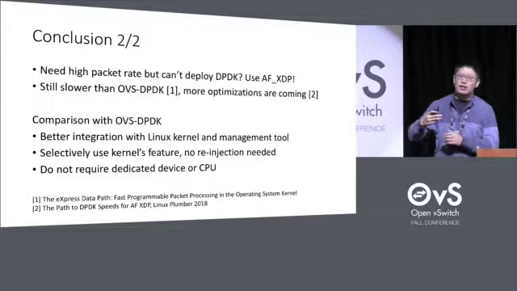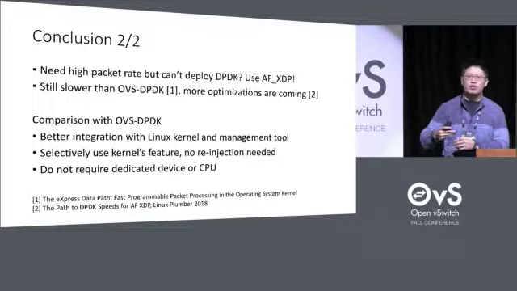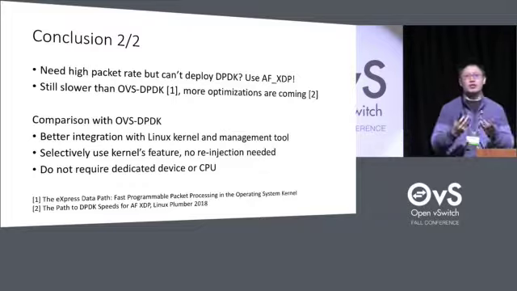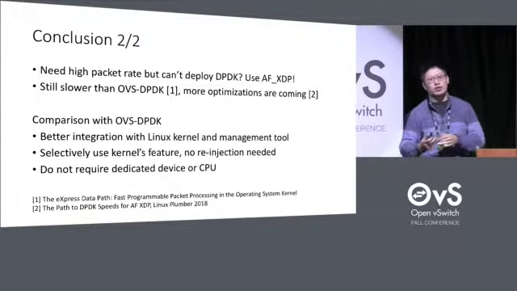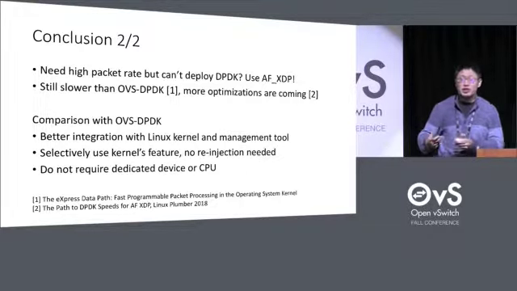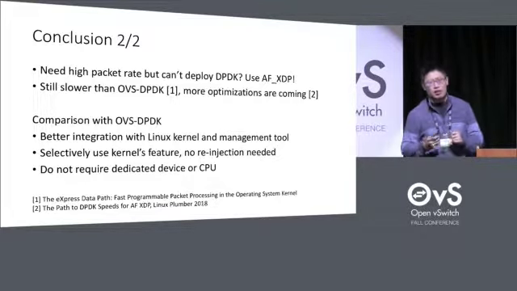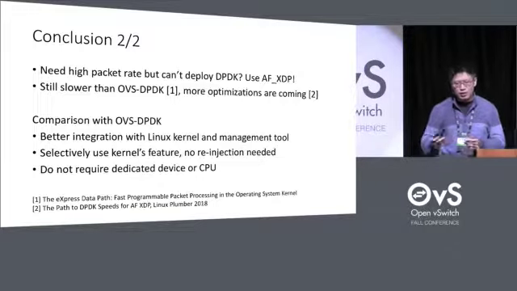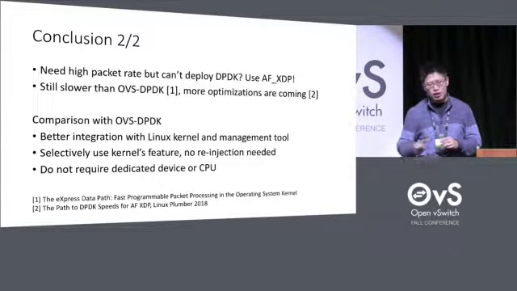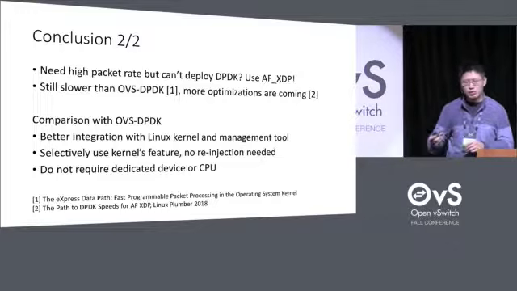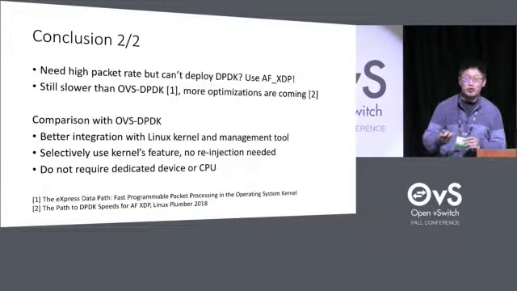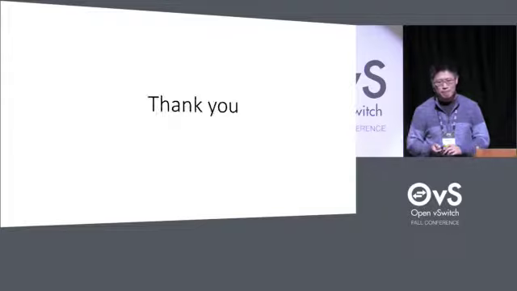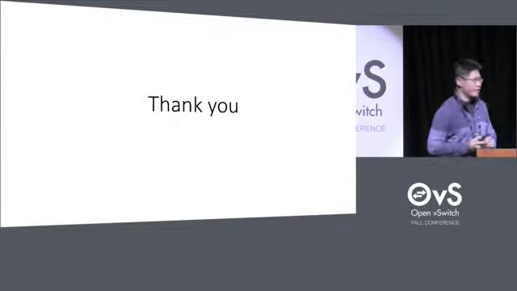It's unlike DPDK, where in the beginning you have to say whether you want all packets in the user space, and later on you probably have to re-inject the packet into the kernel to use some features, for example, the KNI module. And right now, although we are using the PMD, which spins the CPU, it doesn't require a dedicated CPU, and it doesn't require huge memory pages. Okay, thank you.